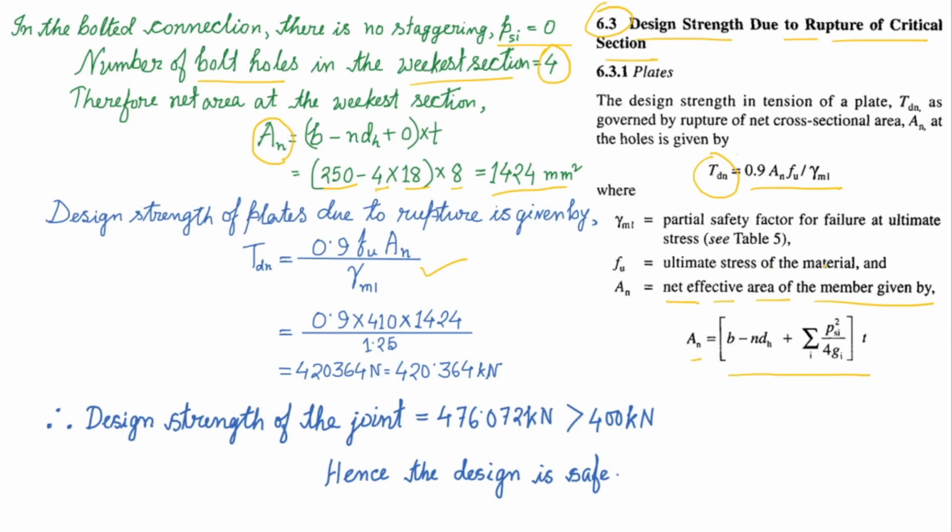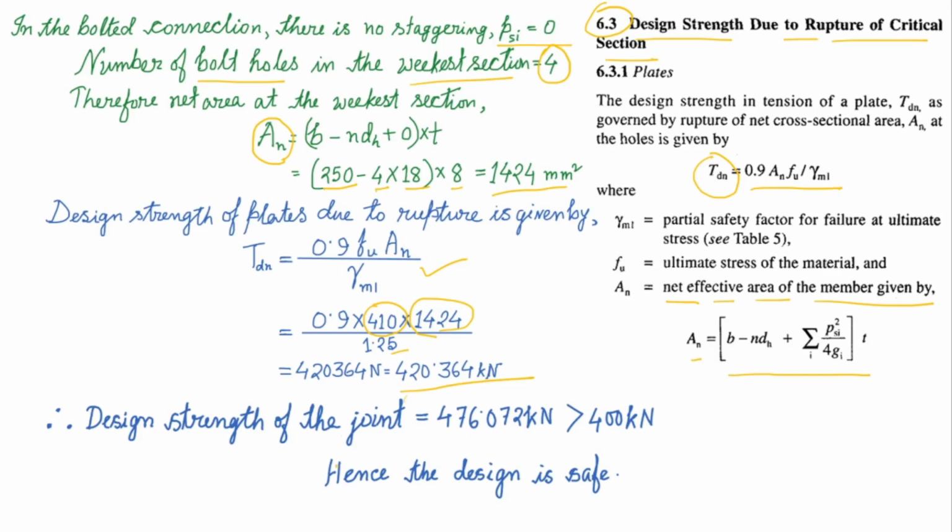Ultimate stress of the material of the plate, that is 410. AN we have calculated. Gamma m1 we have to take from table number 5 of IS 800. So if you put the values, I shall get the design strength of plates due to rupture as 420.364 kilonewton.